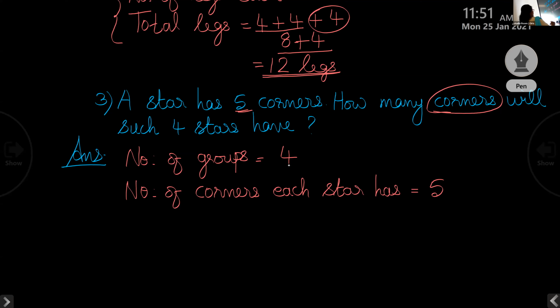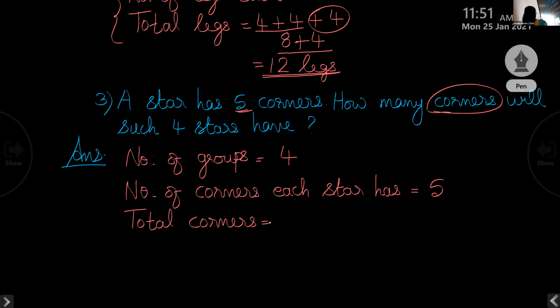Advait. What should be the last statement, Advait? Total corners. Okay. Total corners is equal to 5. 5 is to be repeated.